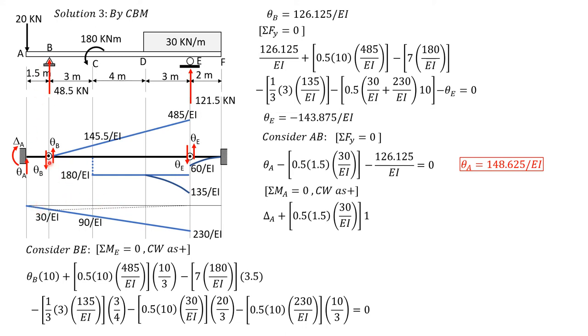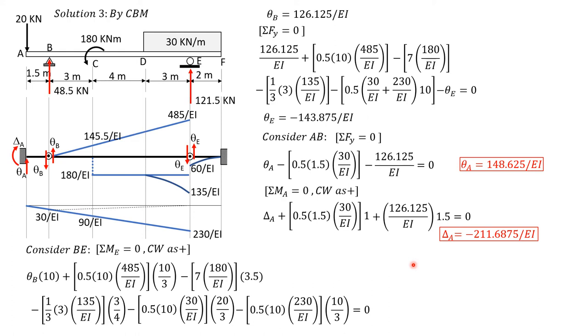Then plus theta B, because it is also clockwise. Theta B is 126.125 over EI times 1.5 equals 0. So solving for delta A is equal to negative 211.6875 over EI, just like in double integration method.